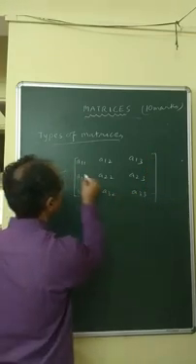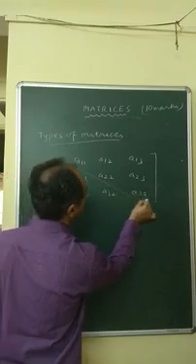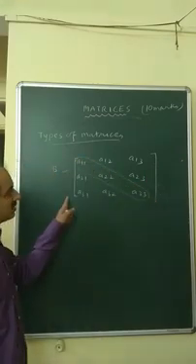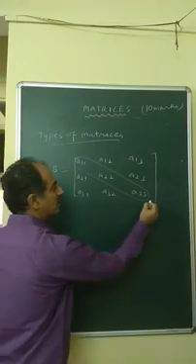This is the diagonal. This is also a square matrix, of order 3.